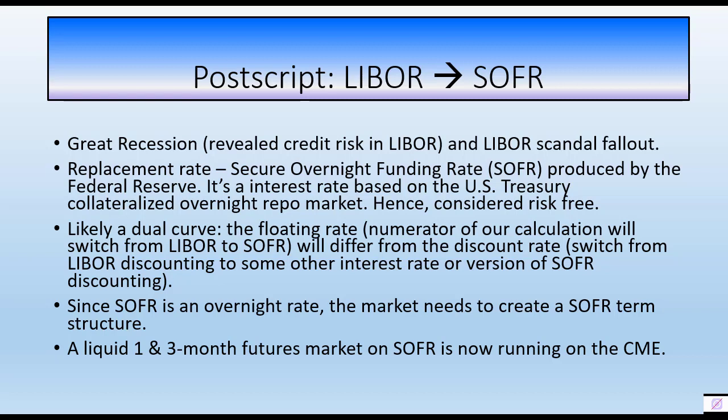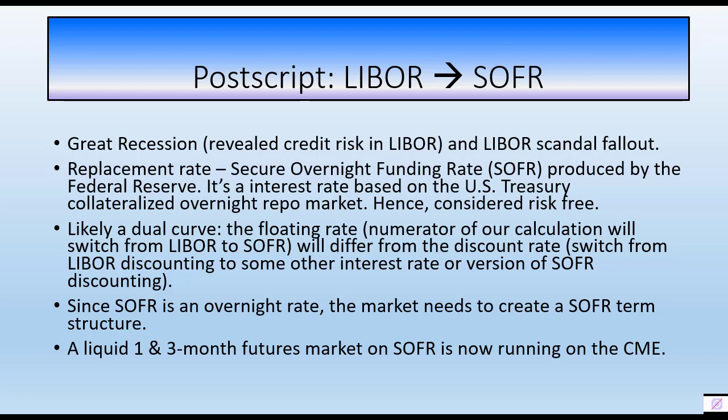What's most likely to happen coming forward in the swap world is that there's going to be dual curves. So far, we may not realize it, or I haven't really brought it up, we've been using a single curve to figure the numerator and the denominator of the swap cash flows. So the numerator, the floating rate, was based on Libor. And then the discounting factor that we were using all along was based on Libor, the same yield curve.